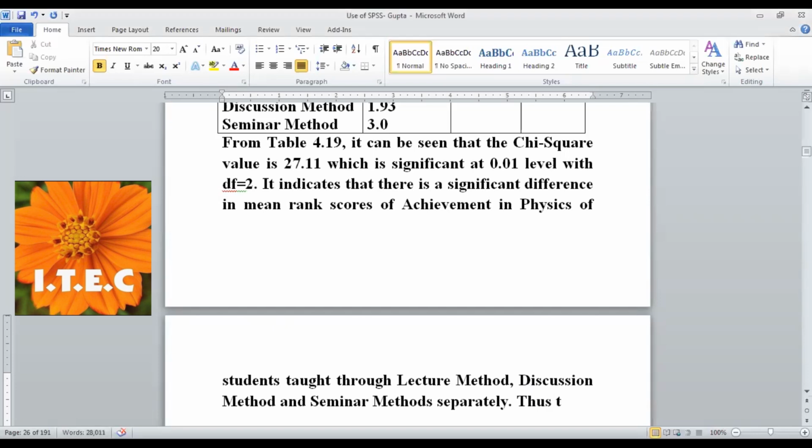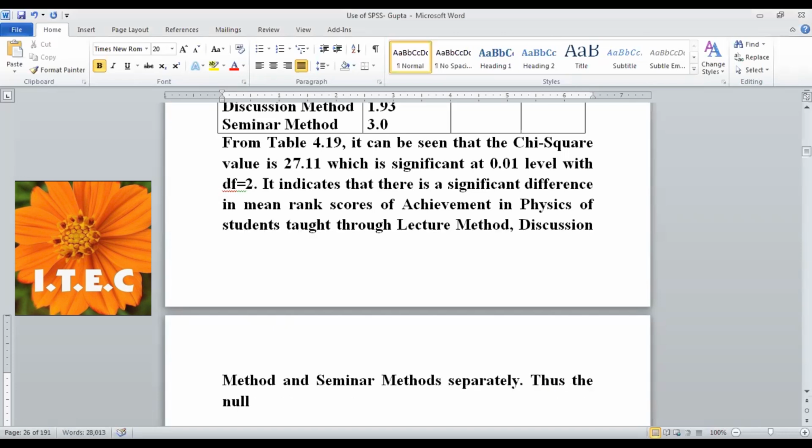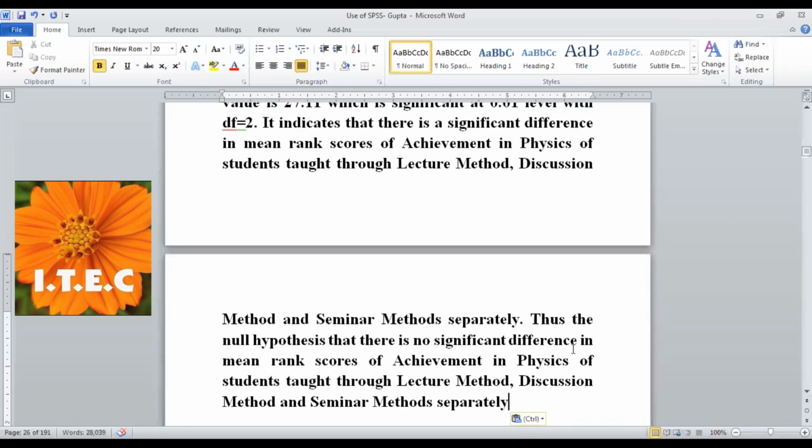Thus, the null hypothesis that there is no significant difference in mean rank scores of achievement in physics of students taught through lecture method, discussion method, and seminar method separately is rejected.